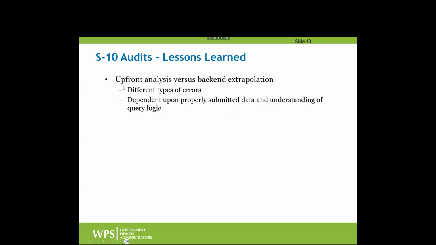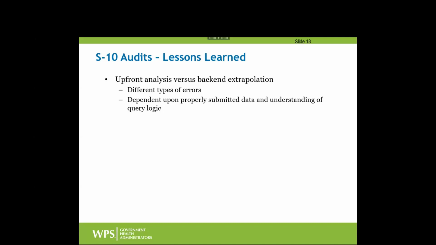So for us to be able to do this upfront analysis, of course, we have to have a proper listing with all the data elements, and we have to be able to understand the query logic that the provider used to develop their data to begin with. So as we're reading through the query logic questionnaire, we may see certain responses that lead us to believe, well, hey, there might have been an error here with how this was selected.